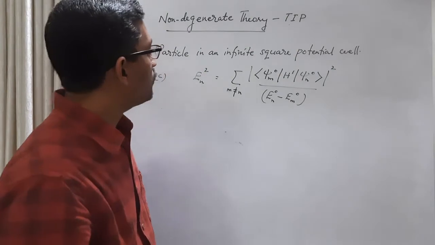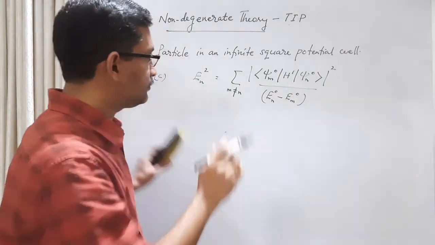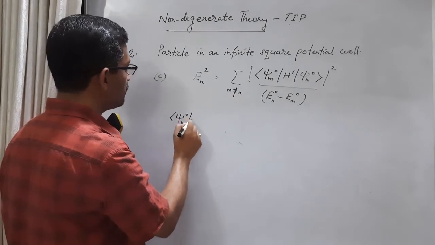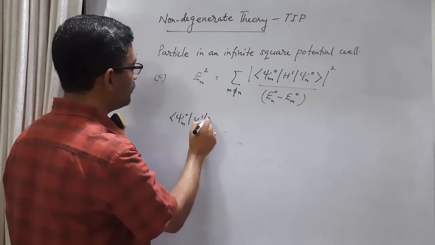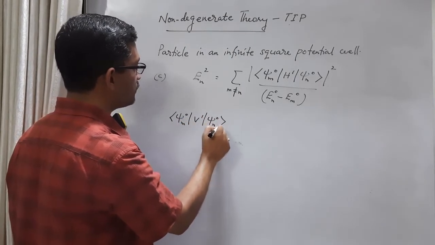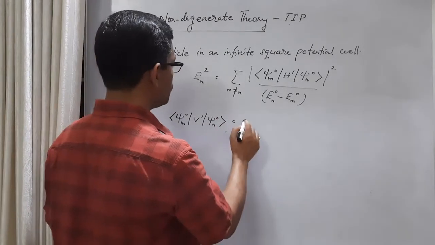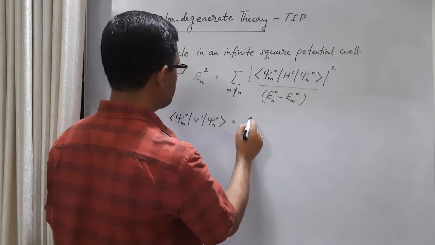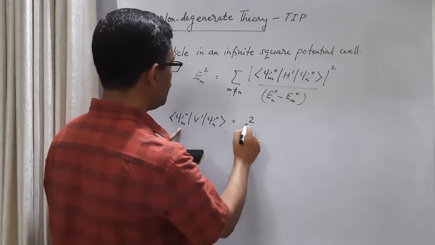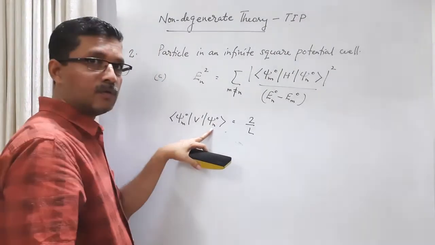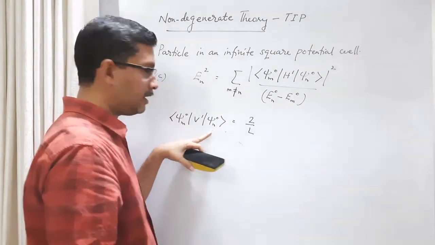Okay, so as before, we need to calculate this matrix element. So psi m0 v prime psi n0, instead of h prime let me use v prime. So this we have done before. So what you get is there is a root 2 by L and there is a root 2 by L from here. So I am not taking n equal to 1 this time, I am taking a general state, nth state.